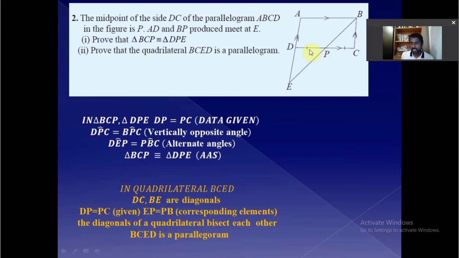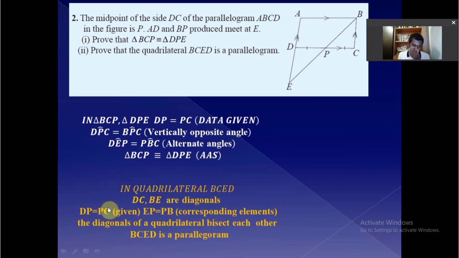One thing we know is that DC and EB are the diagonals. These two sides are equal and these two sides are equal, therefore the two diagonals bisect each other. Therefore, it's a parallelogram.